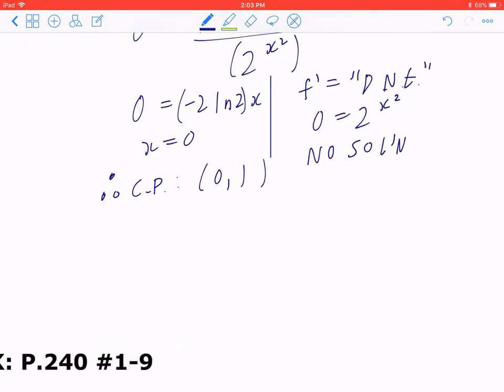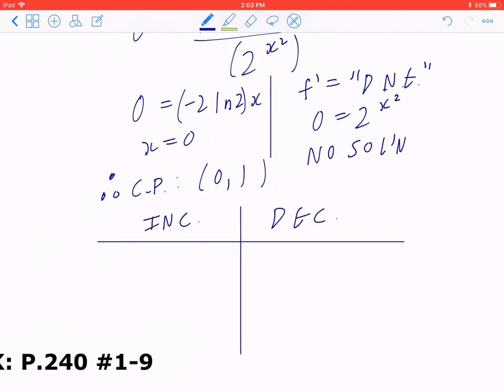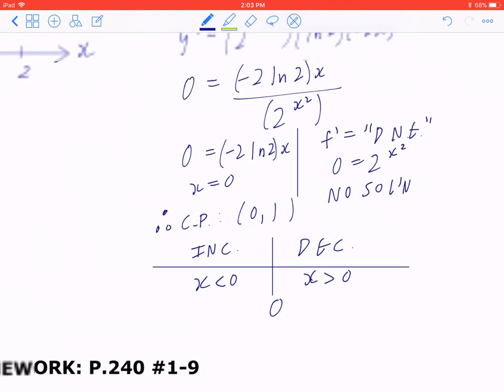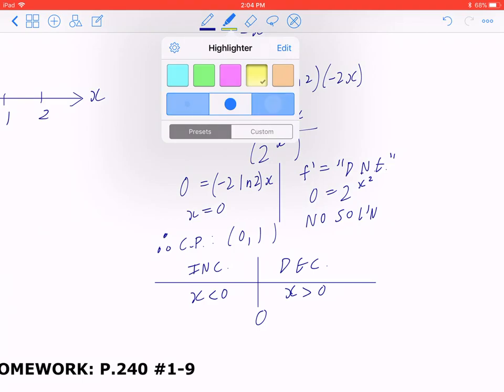Now again, if you want to find out whether the critical point is a max or min, you can go through the first derivative test or the second derivative test. It's up to you. But if I just go through increasing, decreasing, here's what happens. I know the anchor point is going to be 0 because that's the critical point. When you plug in numbers, that's negative and positive, and again, you're plugging it back into f prime, and f prime is right here.